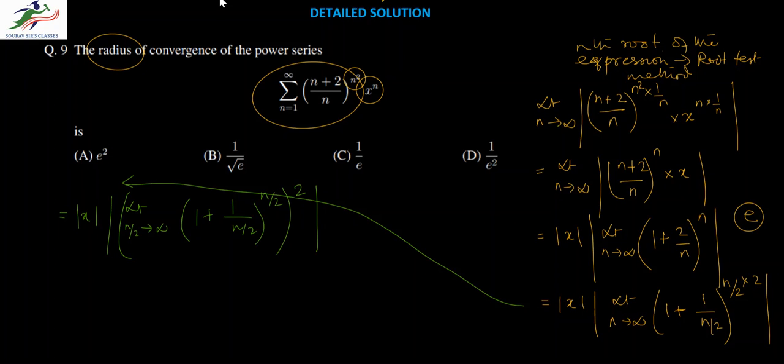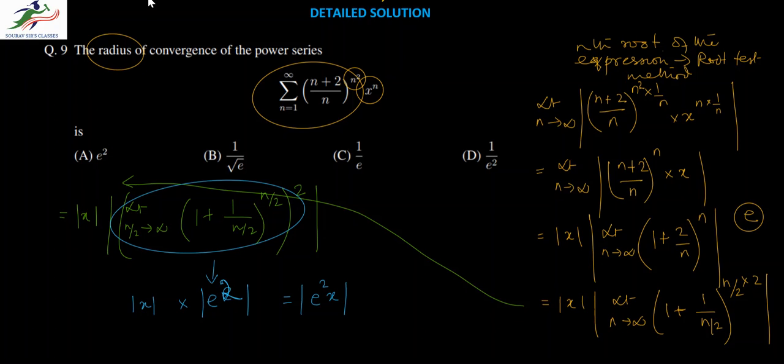And this expression inside the parenthesis reduces to e. This whole expression, limit n by 2 tending towards infinity (1 plus 1 over n by 2) whole to the power n by 2, is e. So this expression comes out to be mod of x into mod of e square, or we can write this as mod of e square x.